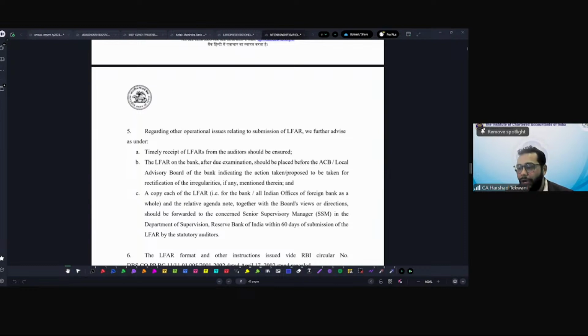Now, can anyone tell me what is the current rate for CRR or SLR? Anyone? 4.5 for CRR.